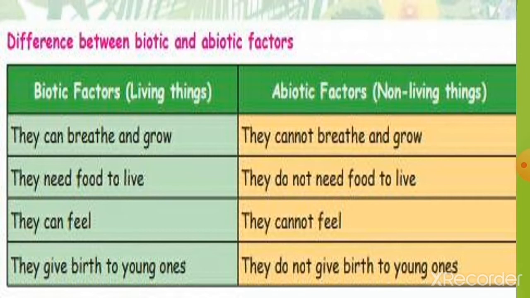Next, abiotic factor, that is non-living things. A means not, biotic means living. So abiotic means non-living things. Here we can take soil as an example. They cannot breathe and grow.